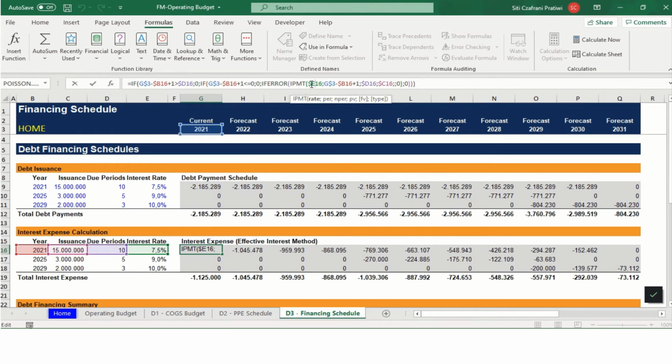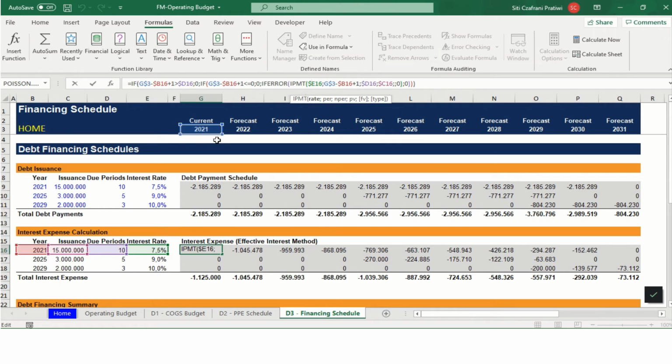Don't forget to also put a dollar sign before E. And the PER indicates in which period the interest payment is made. So for example, if the year is 2021, we deduct the debt issuance year, which is in column B16, 2021, plus 1.